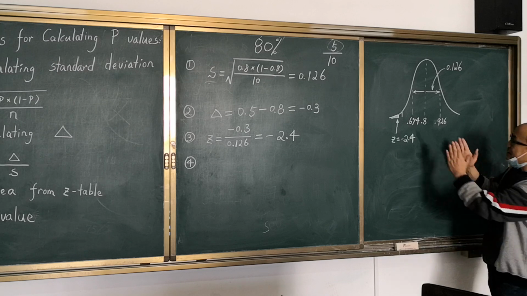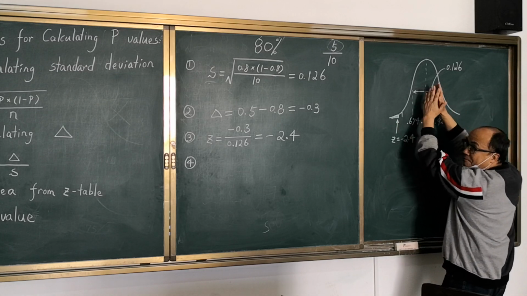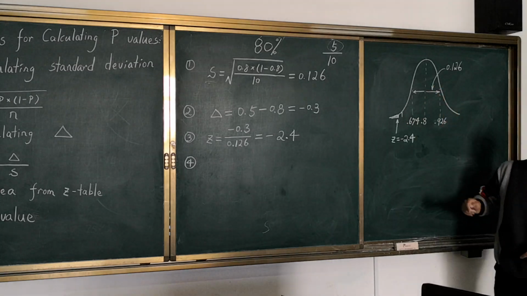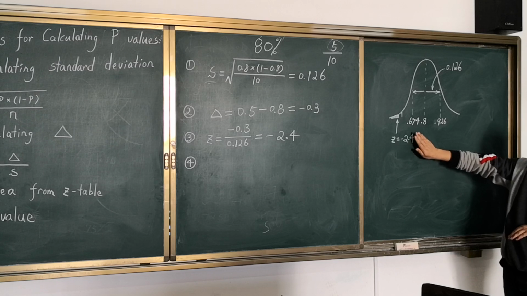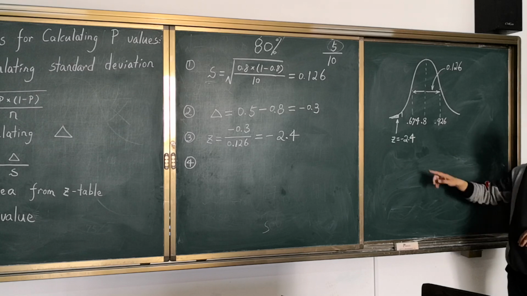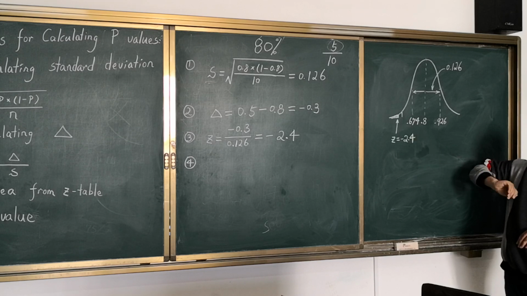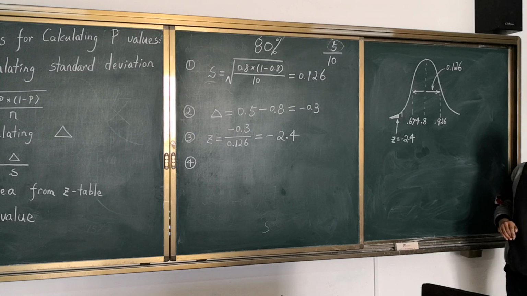Remember? That means from here to here is 95%. Right, it's a 2.5. If it is a beautiful -2, maybe in the exam I make it into the beautiful -2. Maybe I don't. I'm still undecided yet.